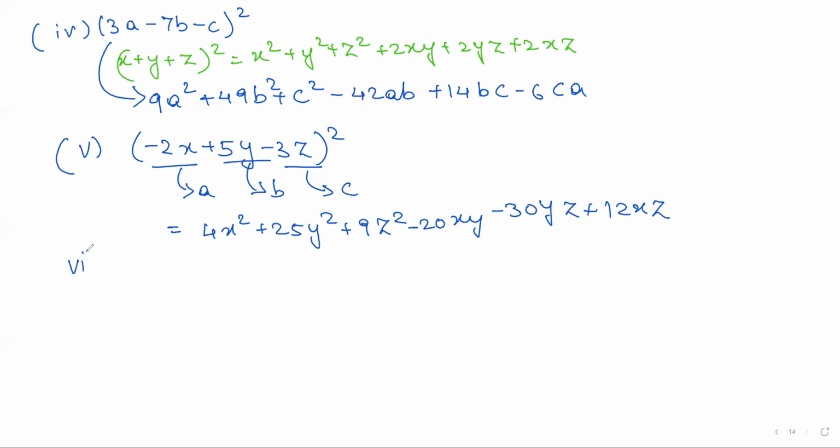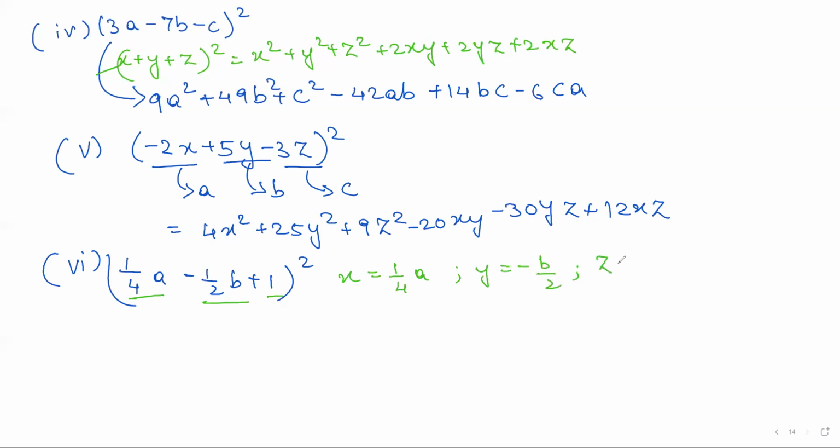For the sixth part, you have (1 upon 4a minus 1 upon 2b plus 1) whole square. Now, third value is 1, but that shouldn't change your approach. Comparing it with the formula, we'll use this xyz formula. Your x value is equal to 1 by 4a or a upon 4, y value is equal to minus b upon 2 and z is equal to 1.